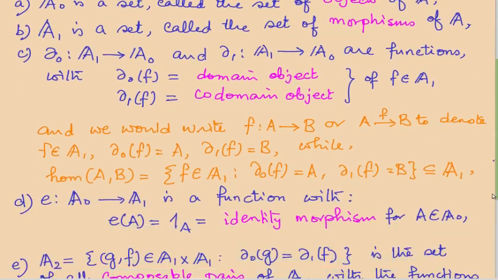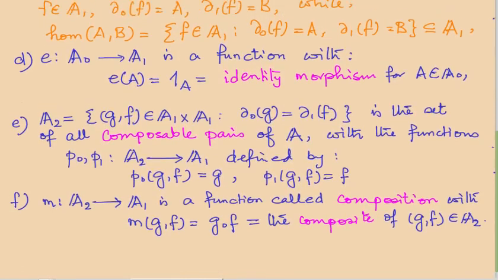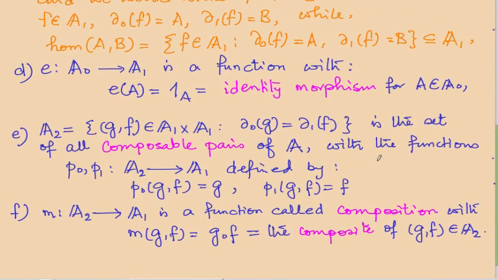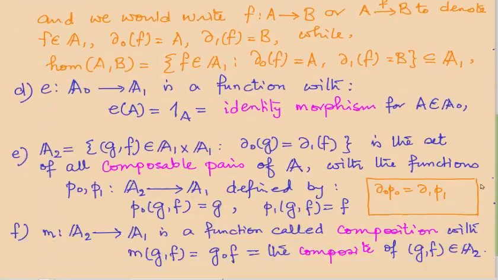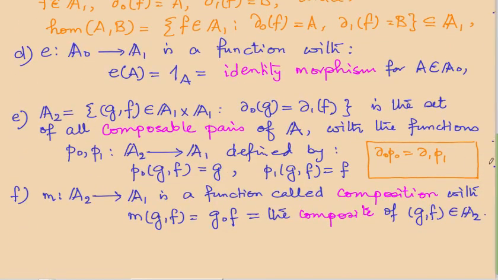And the defining condition of A2 is actually given by the equation, partial 0 P0 is equal to partial 1 P1. That's exactly the defining condition of A2.